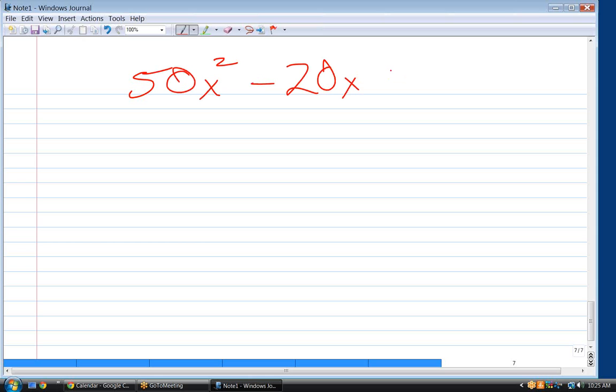More factoring problems. Okay. So 50x squared minus 20x plus 2. It's the first thing I can do.